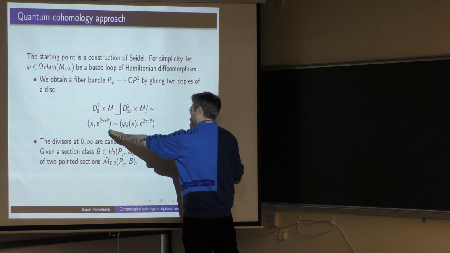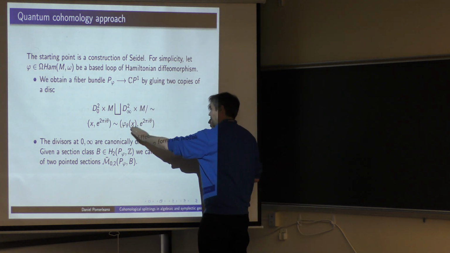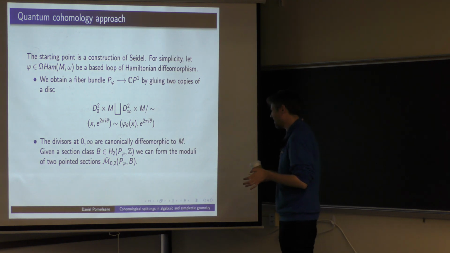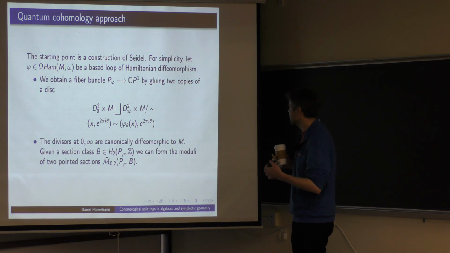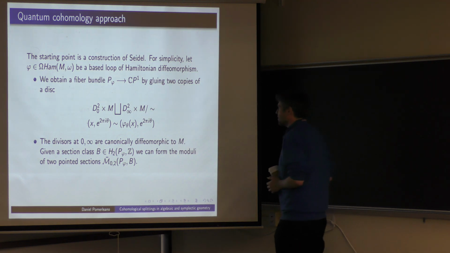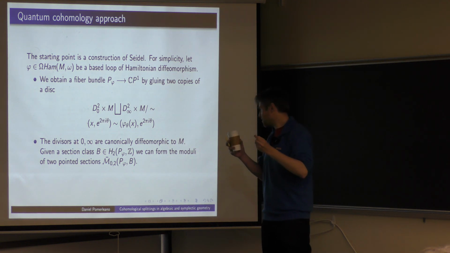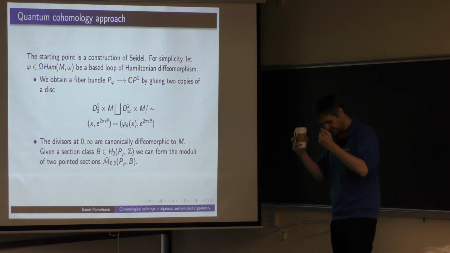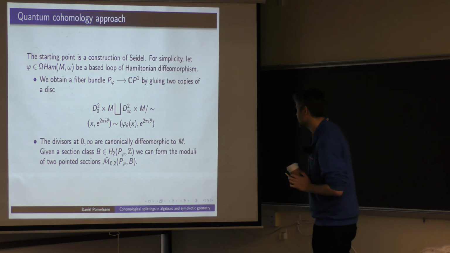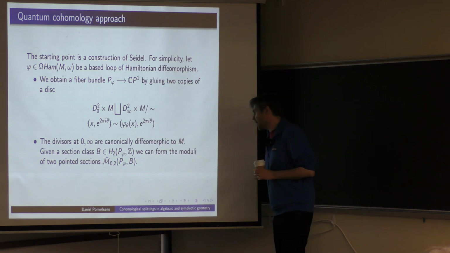We're going to identify X by its action under this loop of diffeomorphisms. If you start with a symplectic manifold, this is a symplectic construction, so the fiber bundle can be made symplectic. And you have these two fibers that are symplectomorphic to your original symplectic manifold.